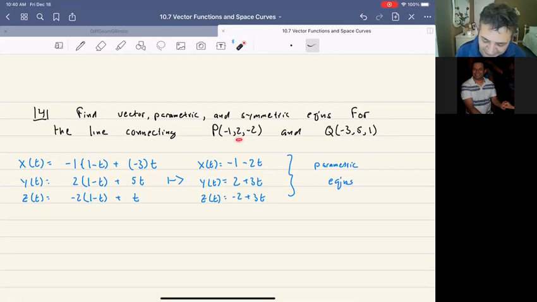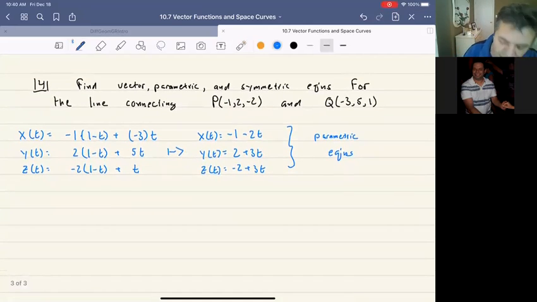Start at 2 here, 2 to 5 is 3, so 3t. -2 to 1 is 3, so -2 plus 3t. That would have been less work, but this approach has its advantages, so that's why I'm introducing it, because there will be times when it does. All right, your vector equation.